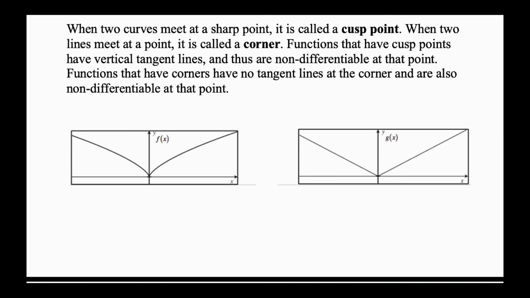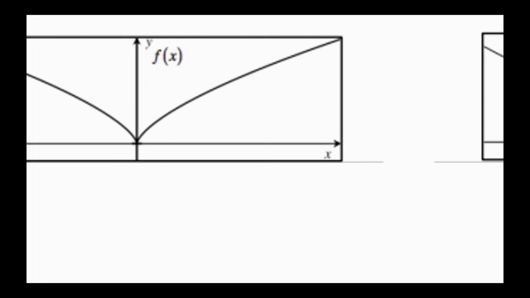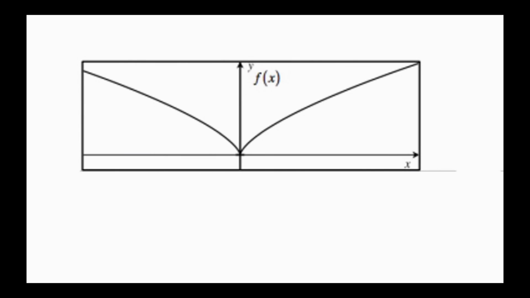Because if I'm finding the derivative, let's start with the cusp point. As I'm finding the derivative at these points, it's negative. The derivative is negative at all of those points because the tangent line looks like that.